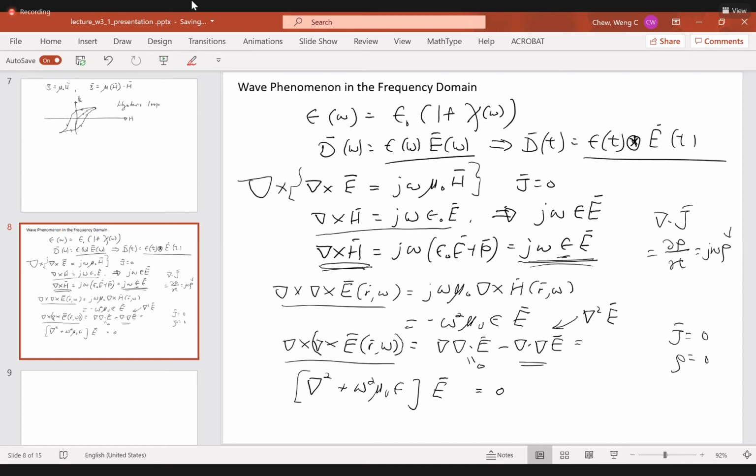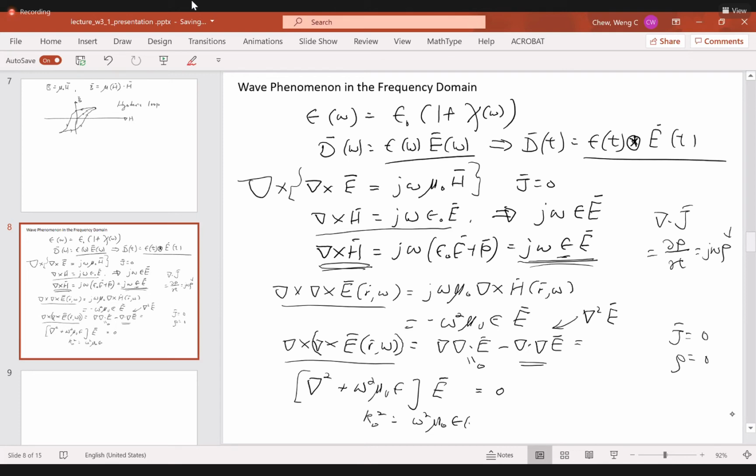Let's study this equation in greater detail. We can actually write this equation in such a way that we call this k naught squared, which is omega squared mu naught epsilon, which could be a function of frequency.